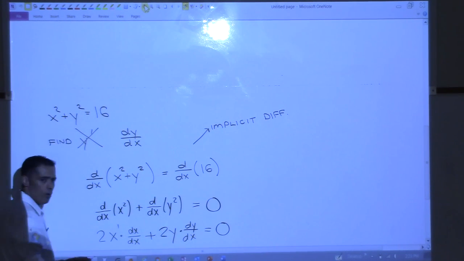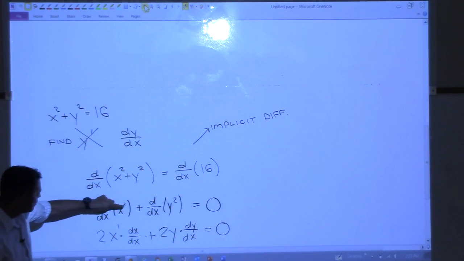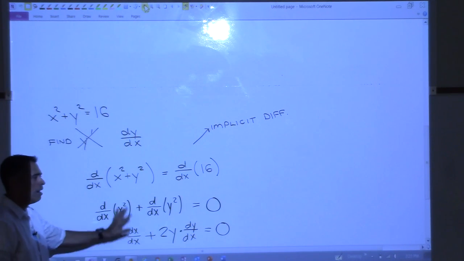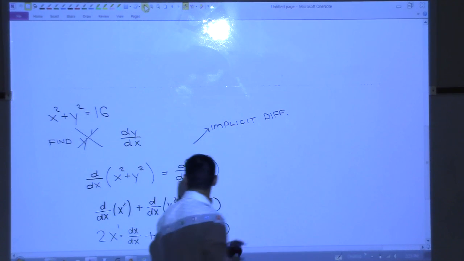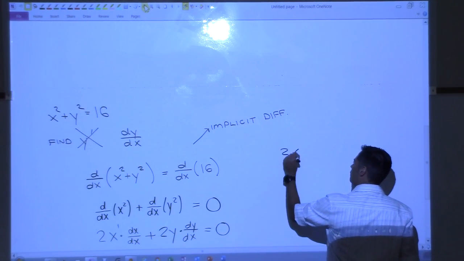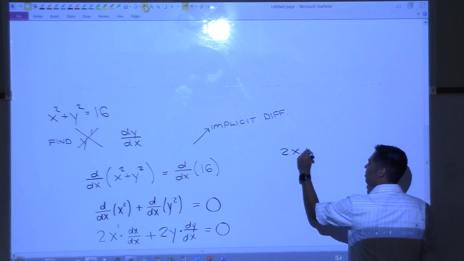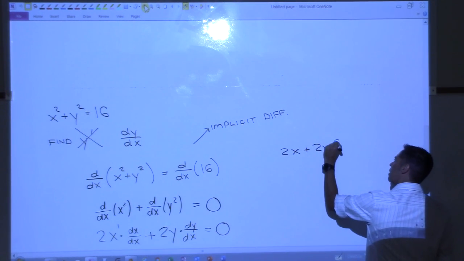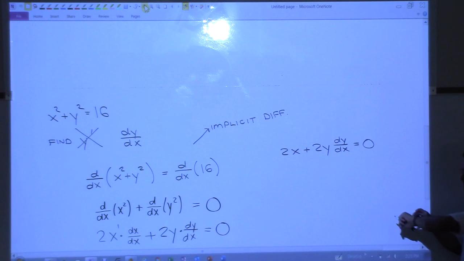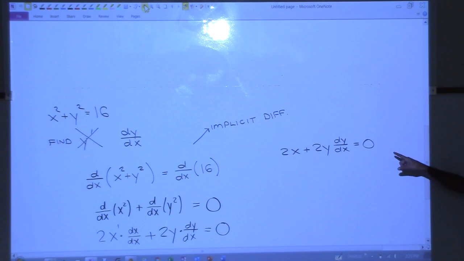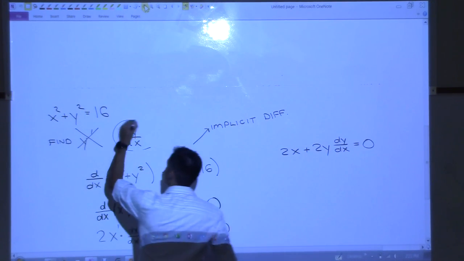So do y'all see how important this chain rule actually is? The 2 comes out. Yeah, that's 1. Big deal. Over here, it's not 1. So my next line looks like this. 2x plus 2y dy/dx equals 0. Now, what we have here is an equation where we're trying to figure out what this is.